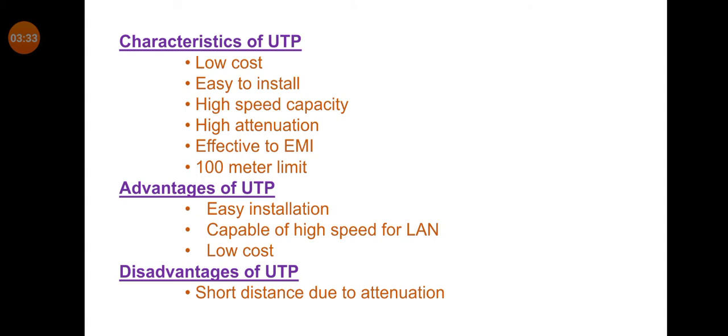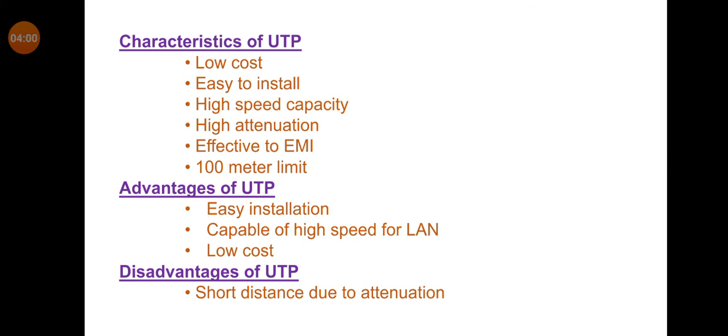The characteristics of unshielded twisted pair are: first, low cost, its cost is less. Second, easy to install. Already I have told you what it means: one wire can be connected to another wire easily, and also can be connected to any device easily.